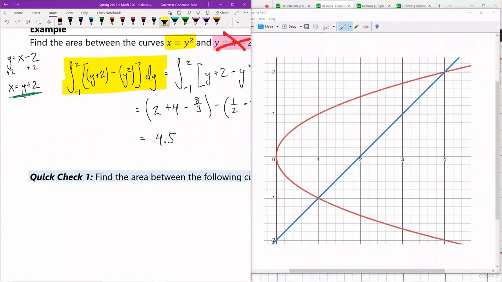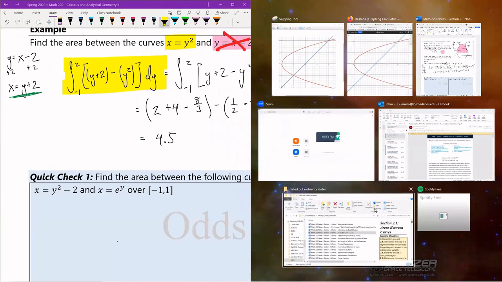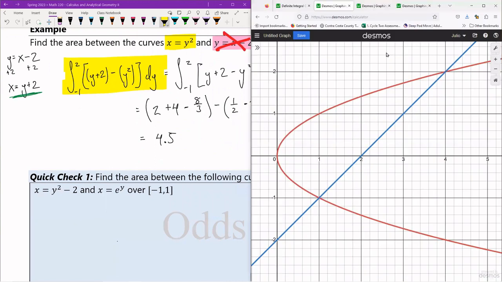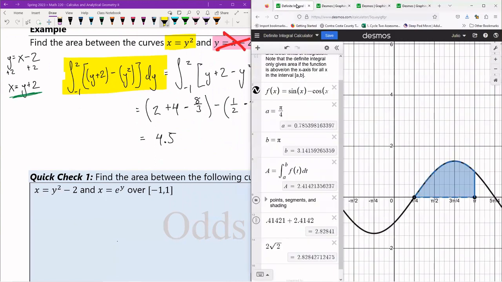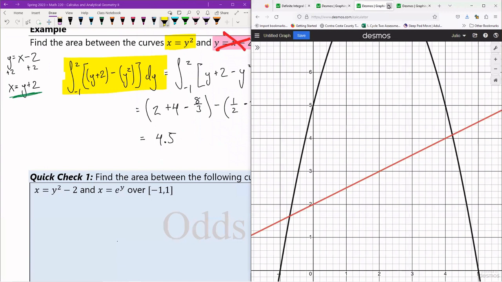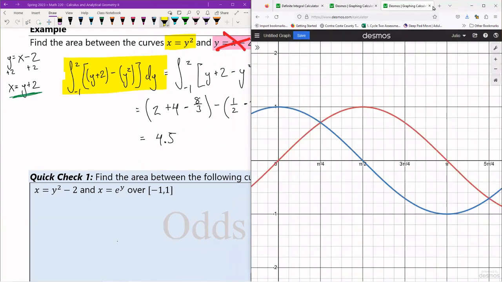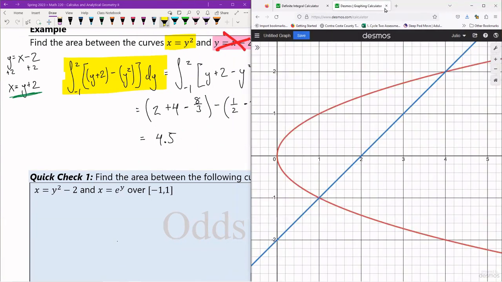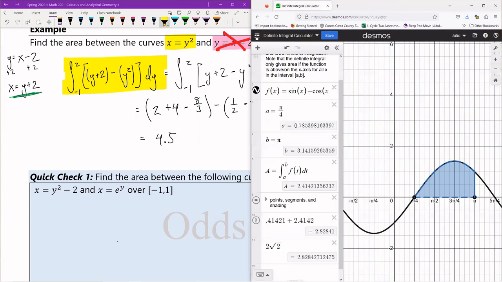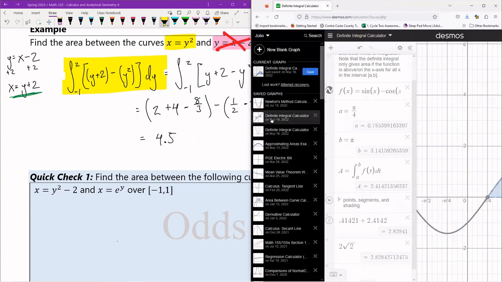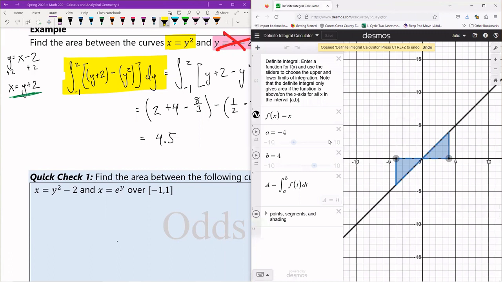So I'm going to go ahead and do a split screen here. Hopefully what I'm saying is making sense here. I'm going to go back to my definite integral calculator. Let me close a couple of these. I'm going to go ahead and open my definite integral calculator again.